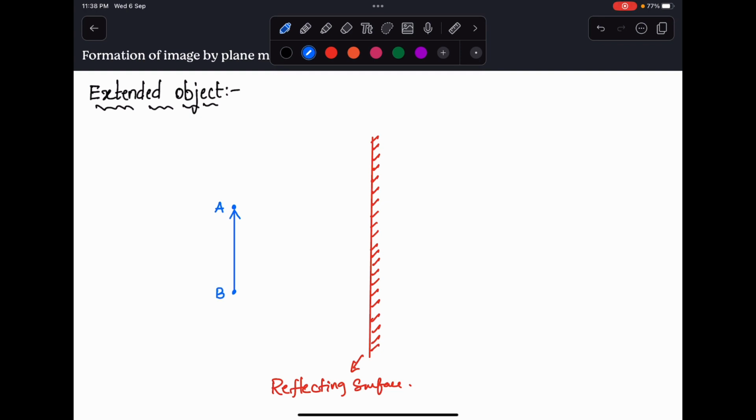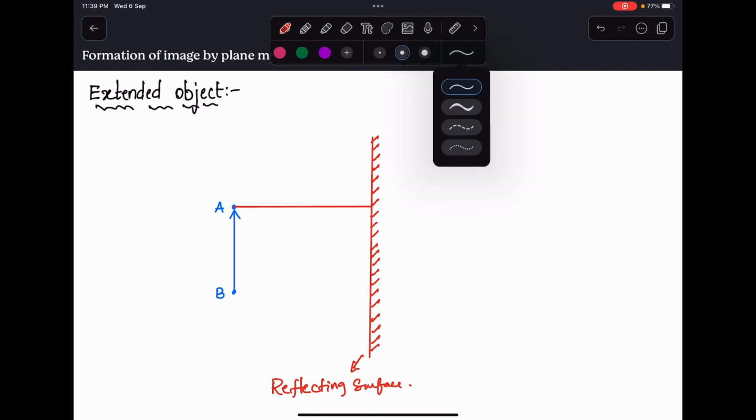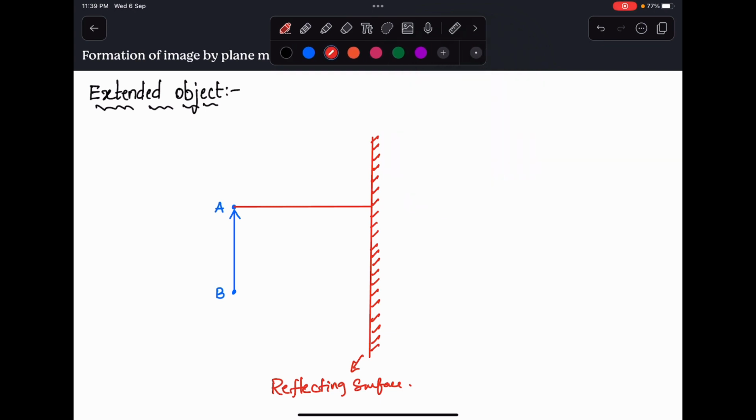Now as usual again we are supposed to take two incident rays, right? I would like to take one incident ray straight onto the mirror perpendicularly. So along the normal it is going to be incident. The normal for this one will be like this.